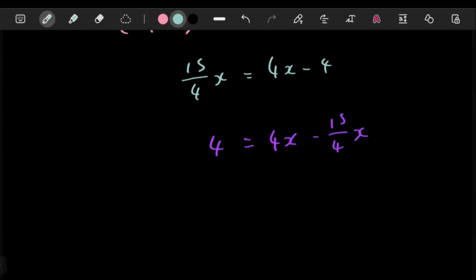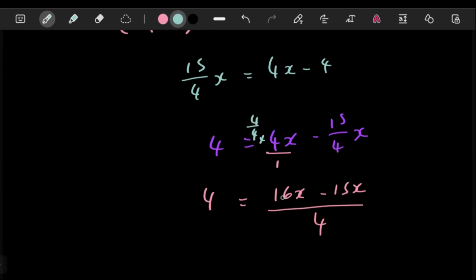So 4 minus 15 over 4x. Let's see what that gives us in the calculator. Well, let's just finesse it actually. So times this is going to be 16x minus 15 over 4 with the 4 here, because I just multiplied this by 4 over 4.